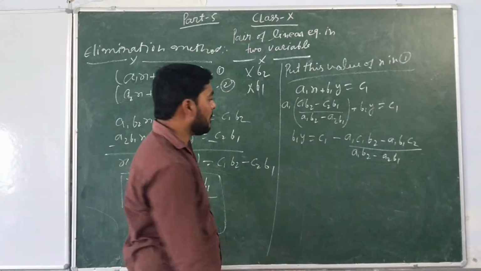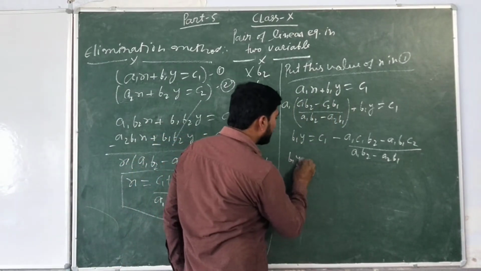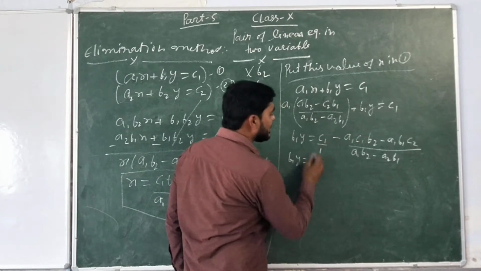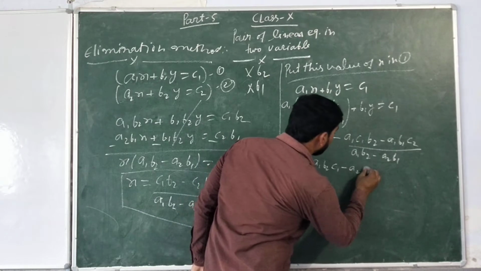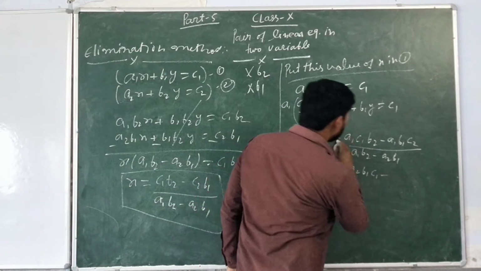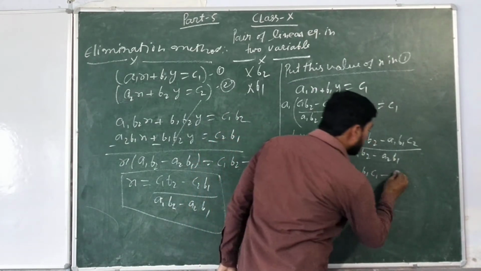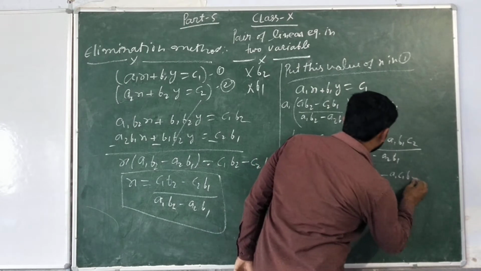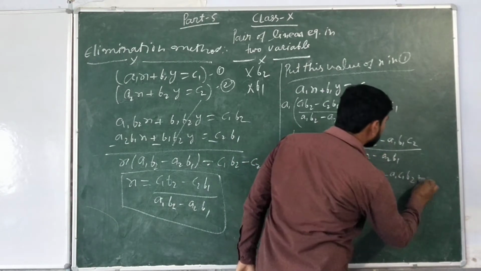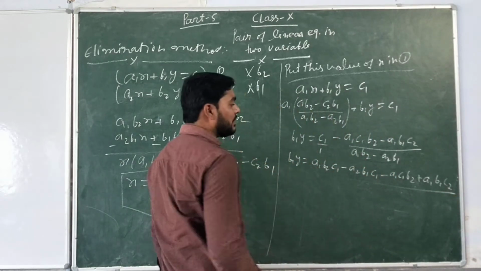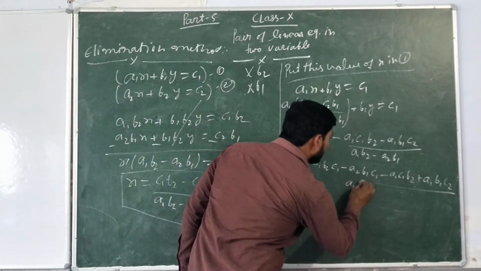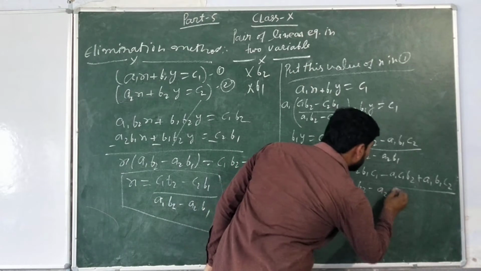Now take the LCM. b1 y equal to a1 b2 c1 minus a2 b1 c1 minus a1 c1 b2 plus a1 b1 c2, whole upon (a1 b2 minus a2 b1).